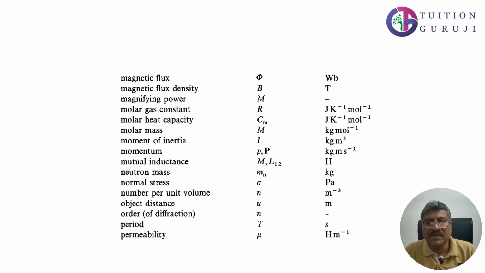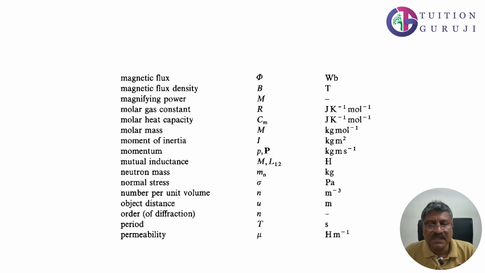Now magnetic flux in Webers, magnetic flux density in Tesla. Then molar gas constant in joules per Kelvin per mole, or joules Kelvin raised to minus 1, mole raised to minus 1. Same as molar heat capacity.